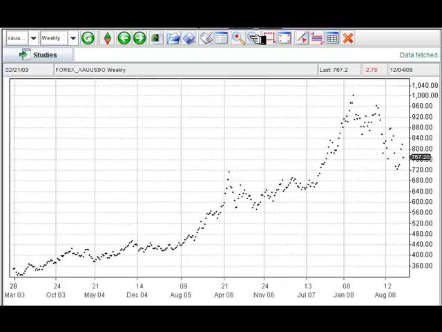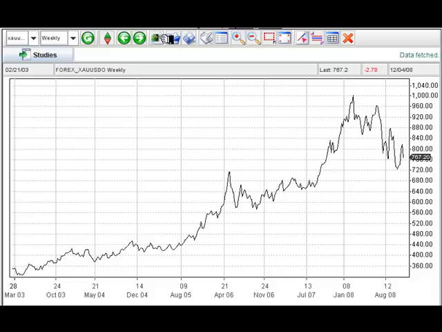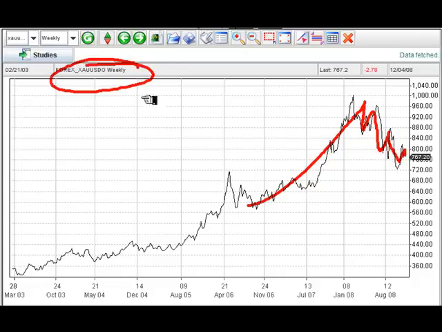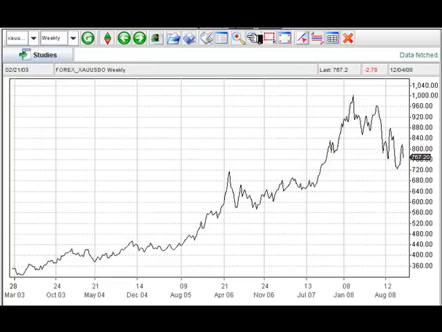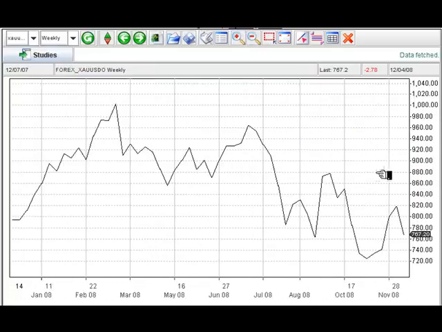But as you scope this out further, and I'm going to cheat a little bit here, there's the lines. You can see it still had a pretty good run-up on the upside. This is the first pullback we've seen, which may be just a pullback in a bigger, larger context. But for the moment, the gold market is more or less in a sideways trading range, and we expect that to break out somewhere along the line to the upside.